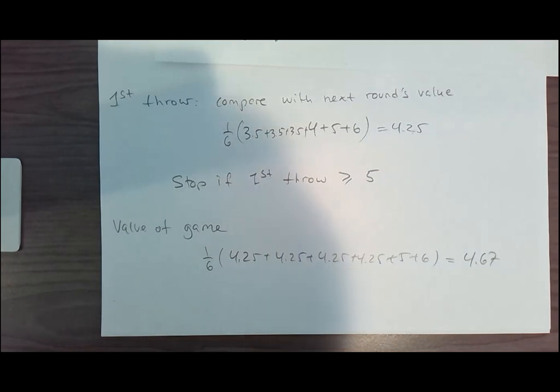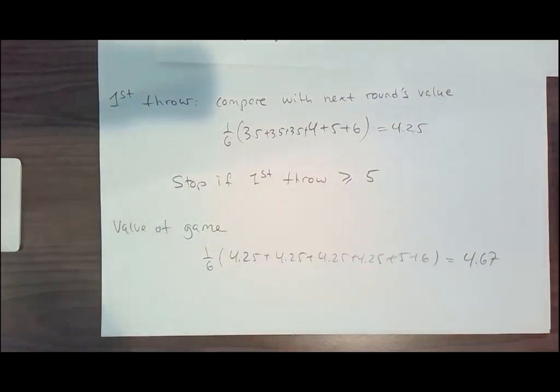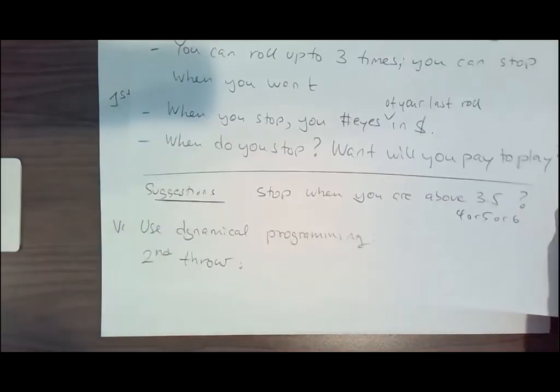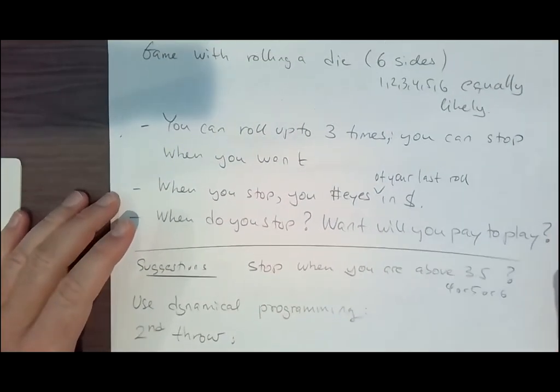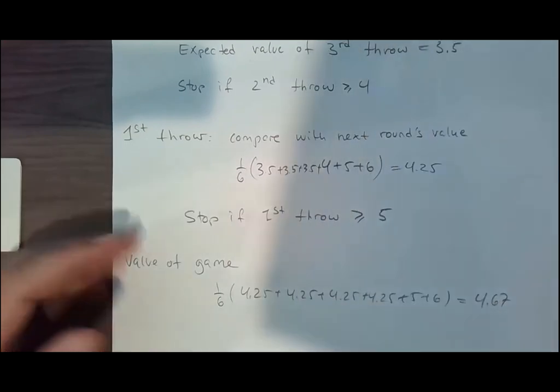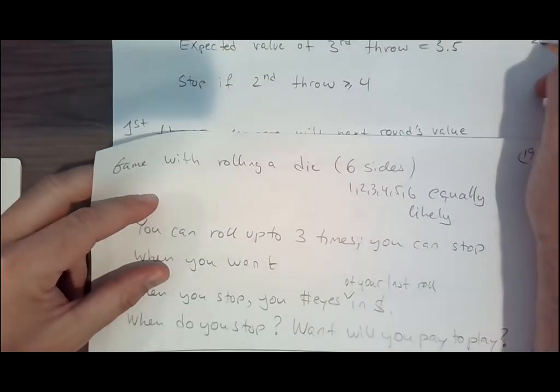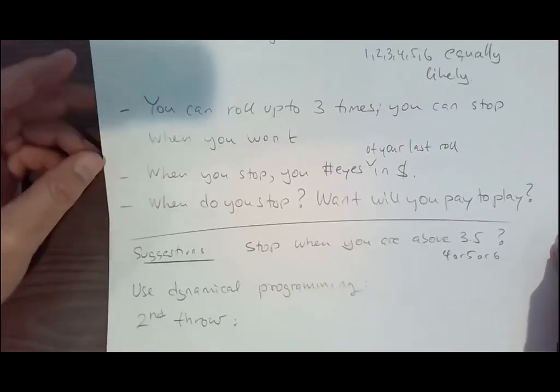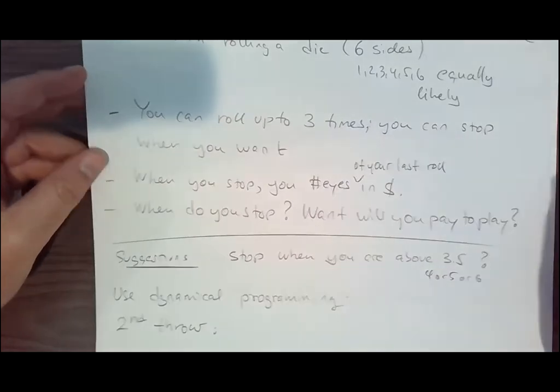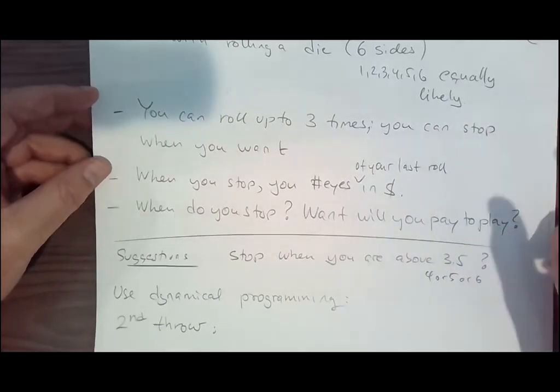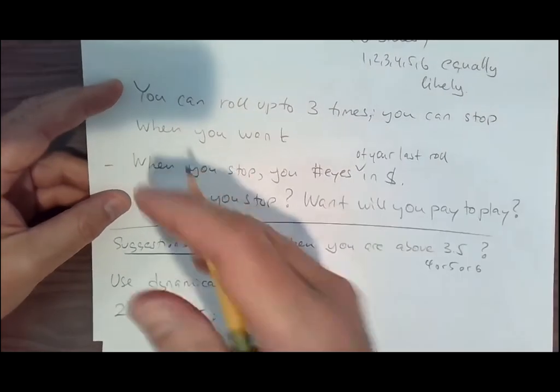This would be one way of trying to answer this question using this theory for American options. Of course, there's no right or wrong answer here. I mean, there's no preferences. I'm not saying that this is the only way to analyze this, but this is one way to do it using this American option theory: calculating the expected value of continuing versus stopping, and then you move backward recursively, right?